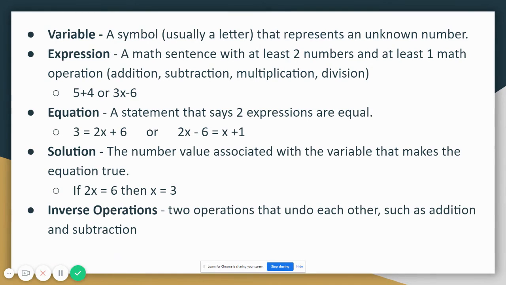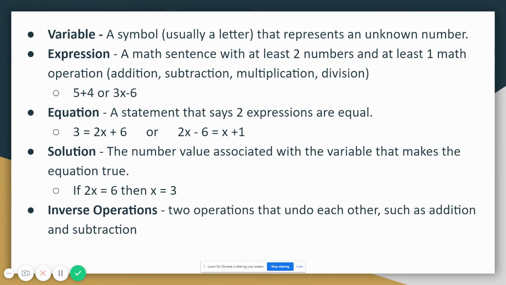So if you look down below, it says if 2x equals 6, then x equals 3. 3 would be your solution. And so if you plug in 3 for that x value there, 2 times 3 does equal 6. So indeed, 6 does equal 6.